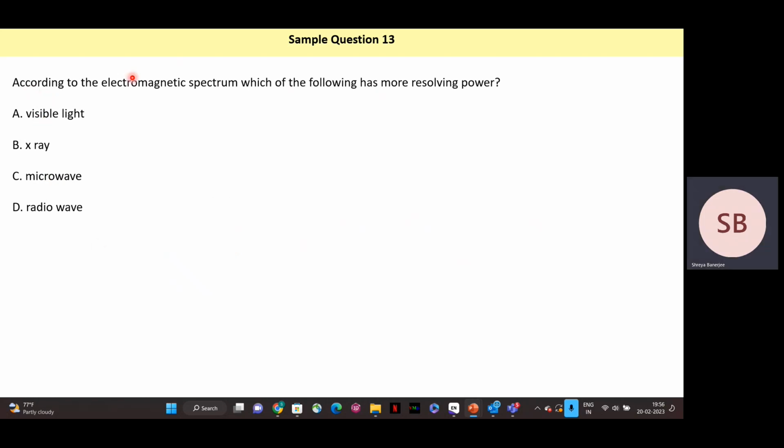The next question is that according to the electromagnetic spectrum, which of the following has more resolving power? So the correct answer is again B, X-ray.